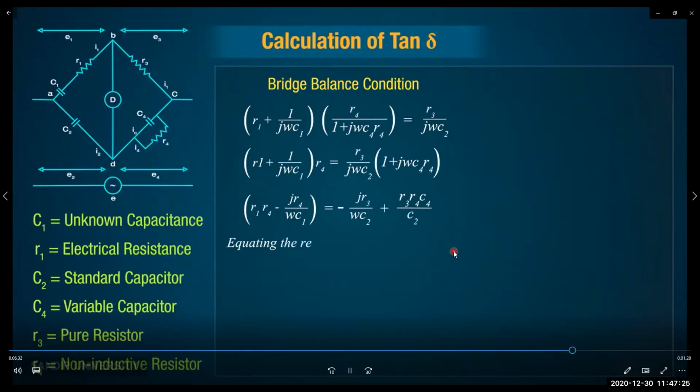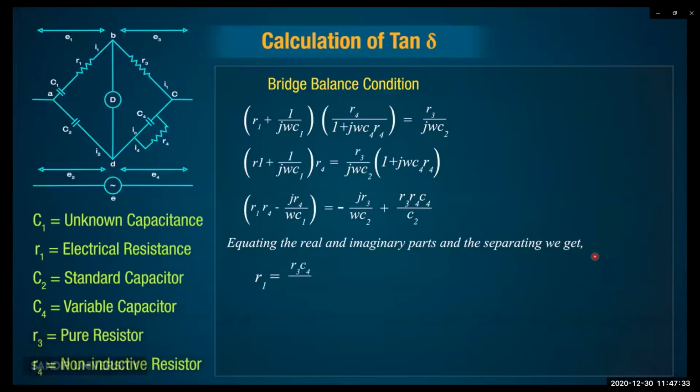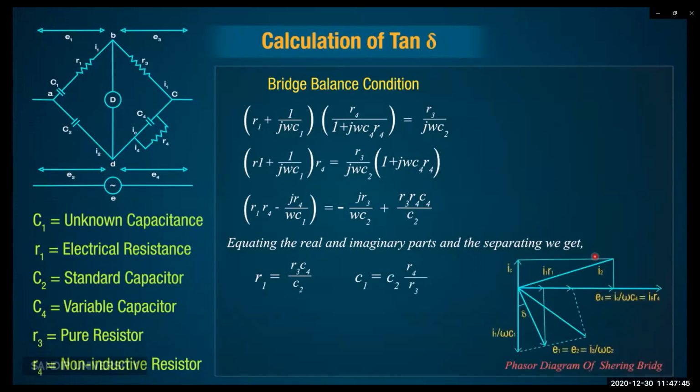So equating the real and imaginary parts separately, we get R1 is equal to R3 C4 divided by C2, and C1 is equal to C2 into R4 divided by R3. Based on the phasor diagram, we have to find tan delta.